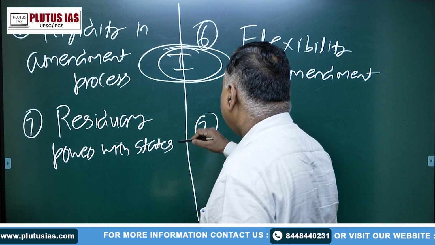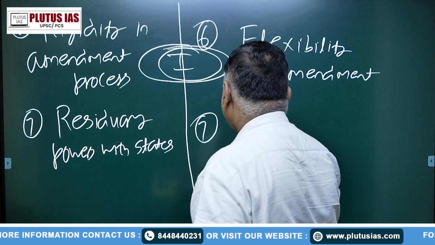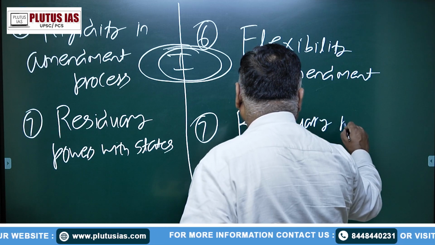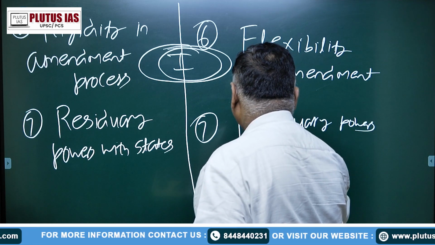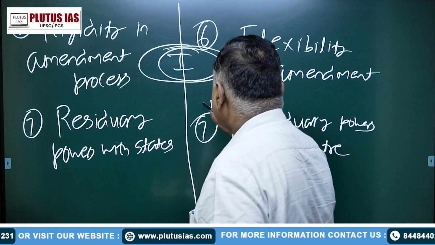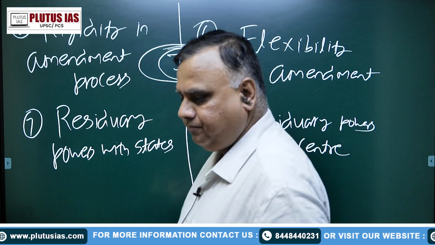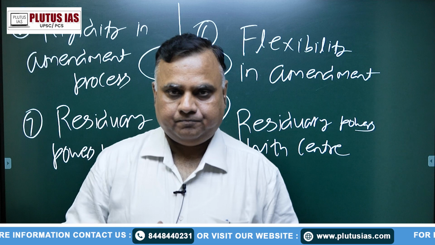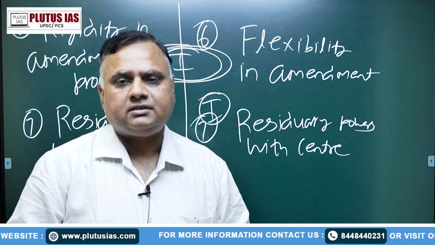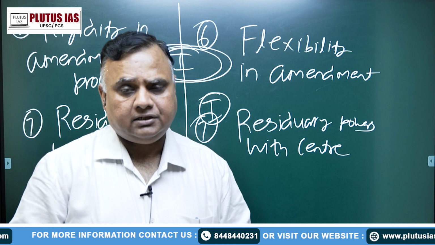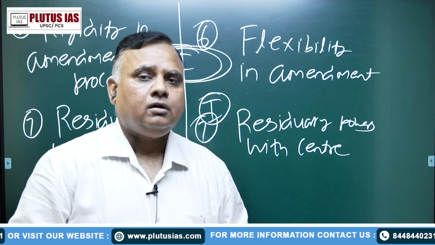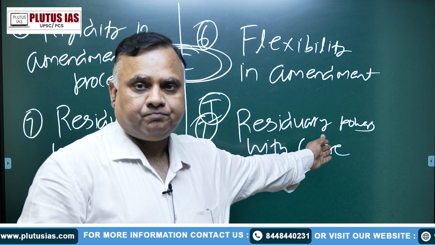But in unitary polity, residuary powers are with the center. As far as India is concerned, India is in this category. Article 248 clearly says that residuary powers, that is, subjects which are neither mentioned in the central list, nor in the state list, nor in the concurrent list, on them laws would be made by the center.